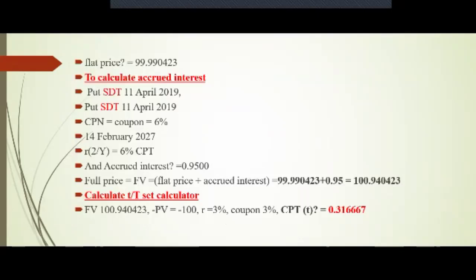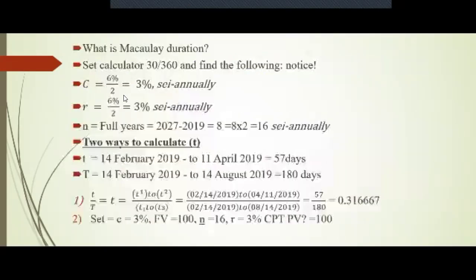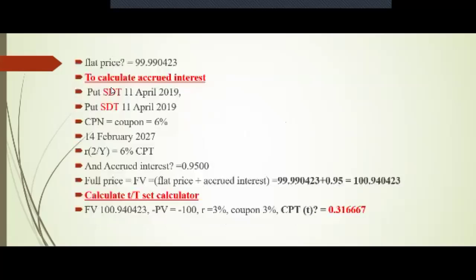Then we move on. They already gave us the flat price, 99.90, or almost 100, but let it be like this in order to calculate the full price and our accrued interest. In order to calculate the accrued interest, we will set the calculator.